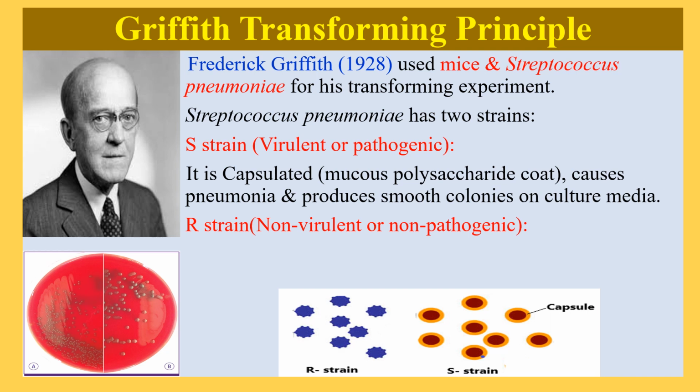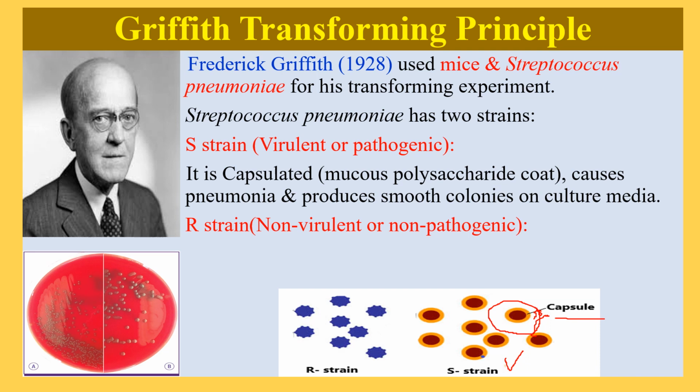In this diagram you can observe the presence of a polysaccharide mucoid coat around the cell wall. We call it a capsule, and this capsule is responsible for causing pneumonia. Due to pneumonia, the organism may die. That's why S strain is called virulent or pathogenic.